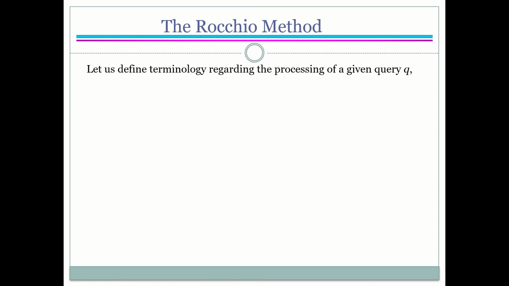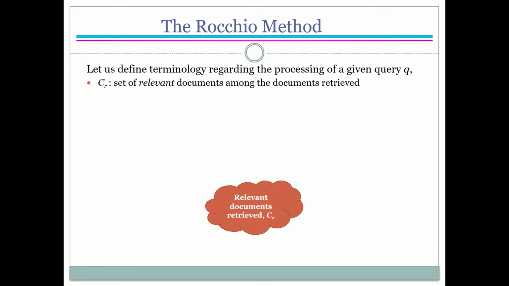Let us define terminology regarding the processing of a given query. Let's suppose we have CR, the set of relevant documents among the documents retrieved, and the size will be NR. This is basically the magnitude of the relevant documents, the number of documents.